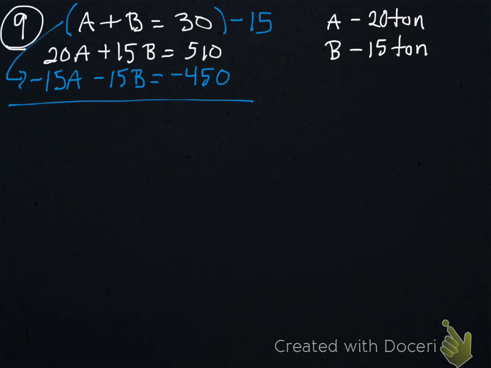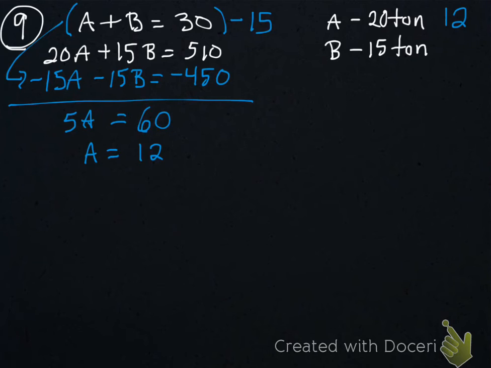Now let's add those together. 20 minus 15 is 5, so 5A, my B's cancel, and 510 minus 450 is 60. Divide by 5 and I get A equals 12. So there are 12 20-ton bins.